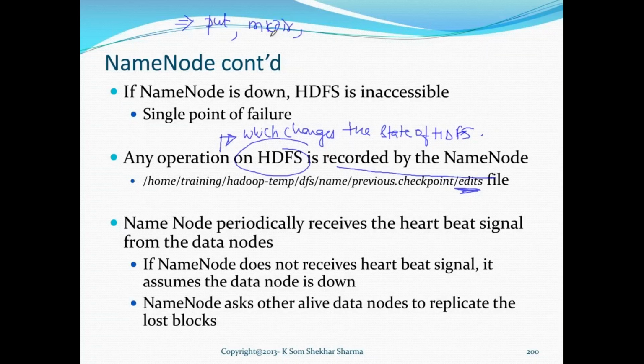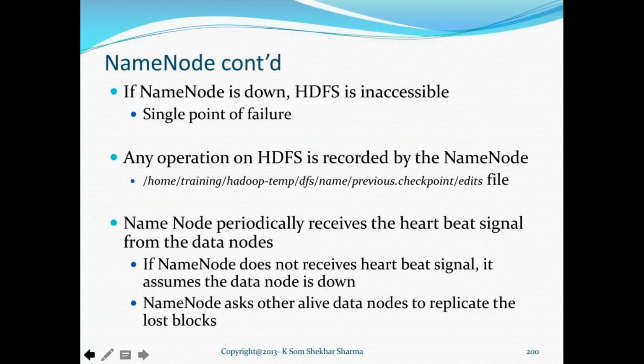MKDIR operation, change mode operation, change ownership operation, etc. Operations which do not change the state of HDFS, like ls, get, cat, etc., are not recorded. But the operations that change the state of the HDFS are recorded in the edits file.